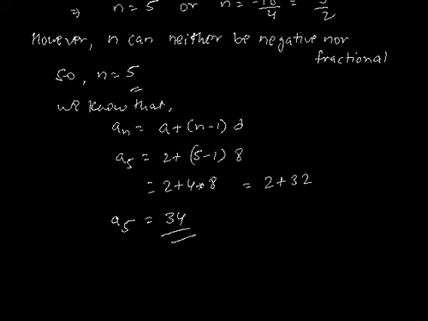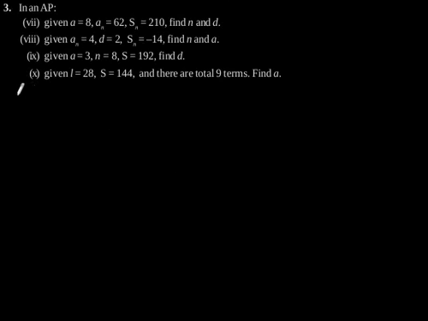Now the seventh part. Seventh is given a is equal to 8, an is equal to 62, Sn is equal to 210, and we need to find out n and d.